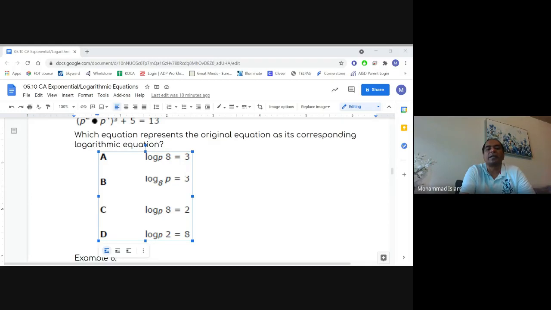So instead, I will say log base p of p squared is equal to log base p of 8.